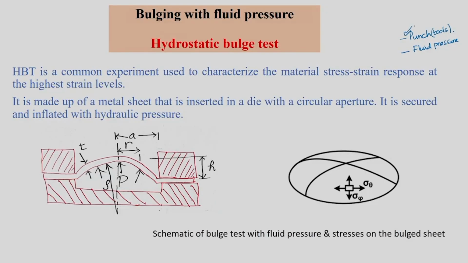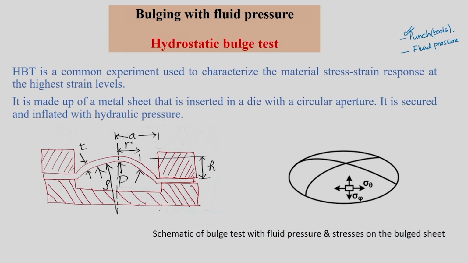This is the main difference here. Of course, when you use fluid pressure, you can understand that there is no friction between the sheet and the fluid, which is the main difference with respect to conventional deformation of sheet with the help of a punch.